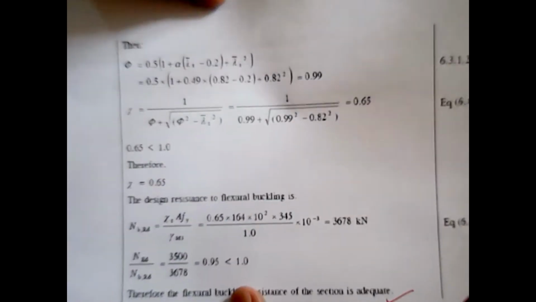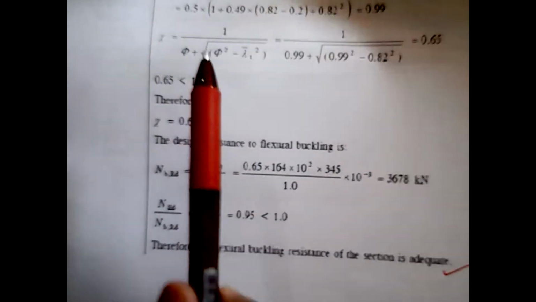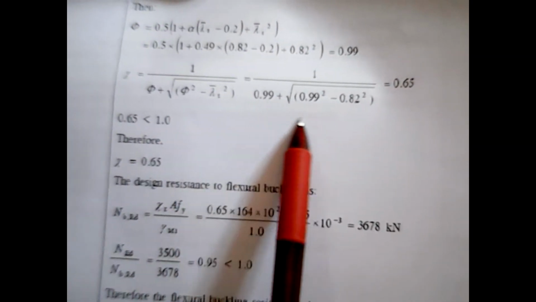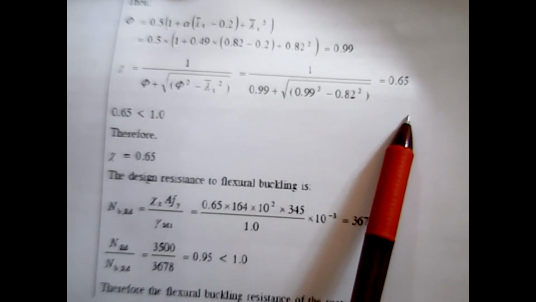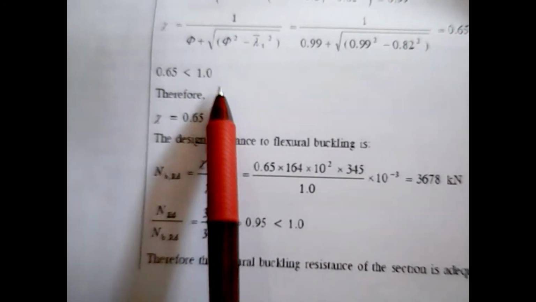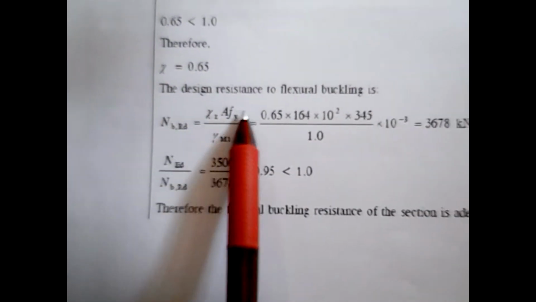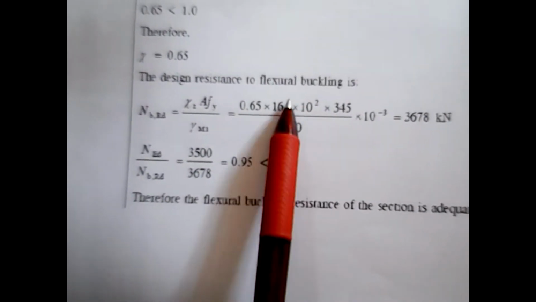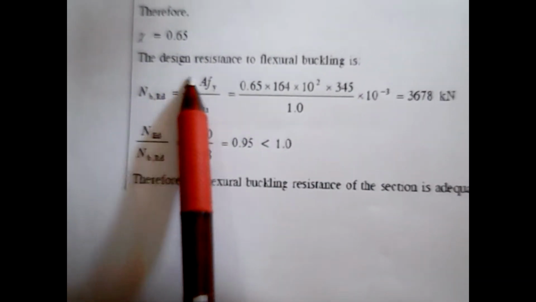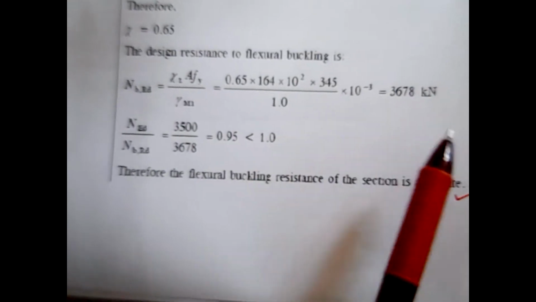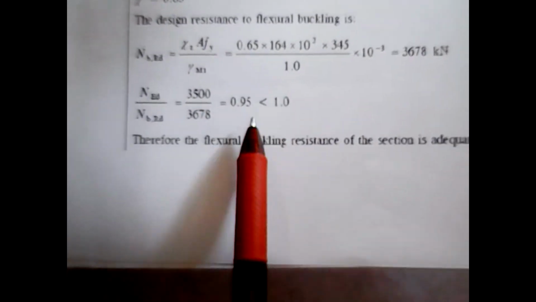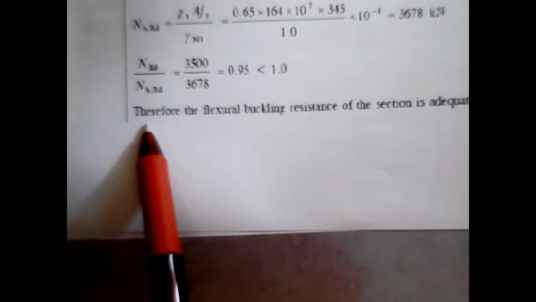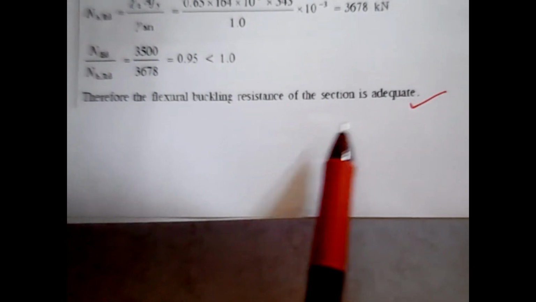So here, if you look in these examples, your reduction factor after substituting all the necessary values, you get 0.65, and it is less than 1. So meaning that the design resistance for flexural buckling, after substituting all the equations, you get 0.3678, which is less than 1. Therefore, the flexural buckling resistance of the section is adequate.